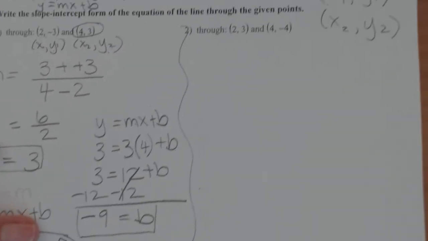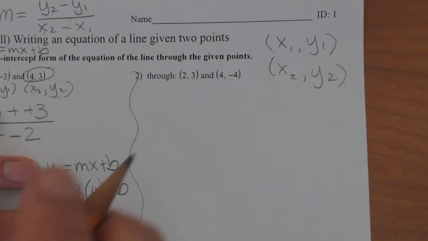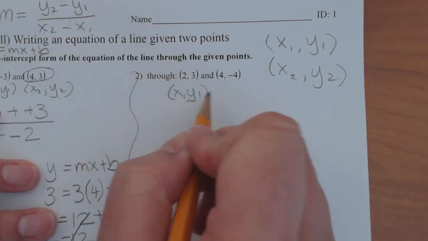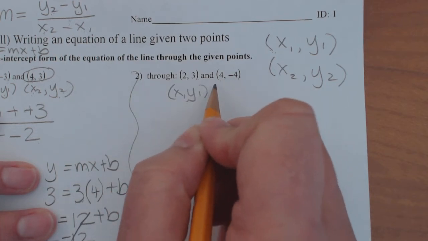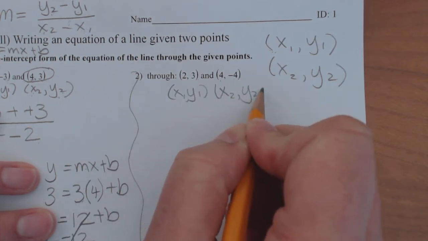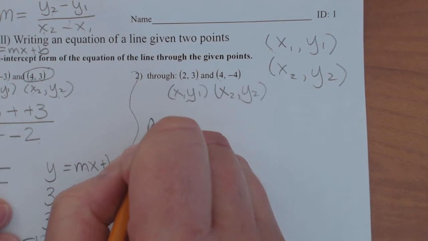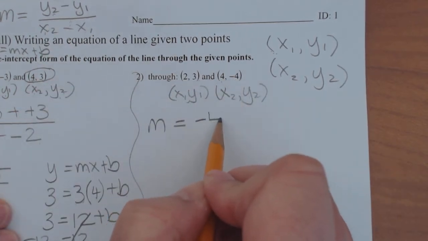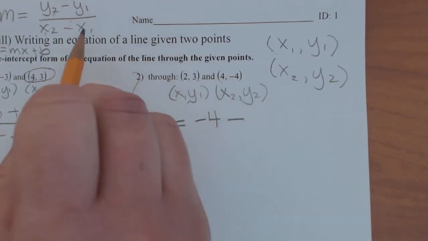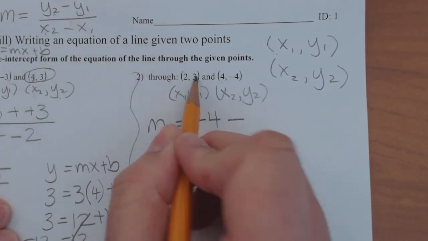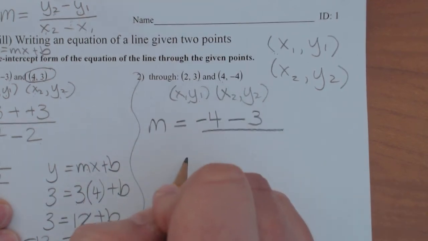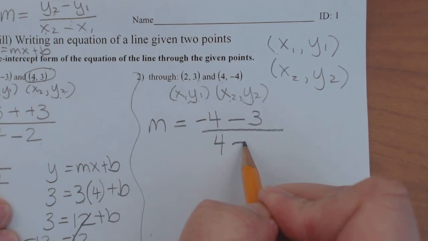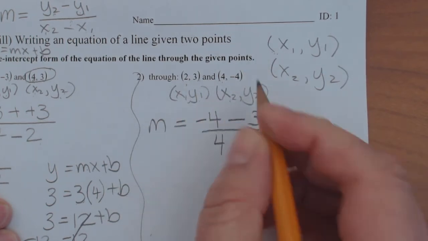Let's do it again. Here's the point: through the point (2, 3), that's my first x, y. Here's the second point, (4, -4), my second x, my second y. My slope, m, equals y2, which is -4, minus y1, which is 3, divided by x2, which is 4, minus x1, which is 2.